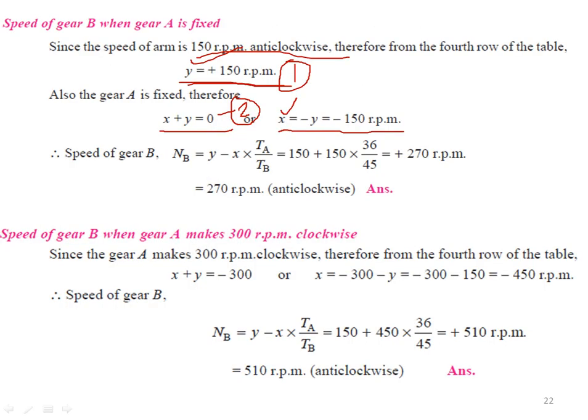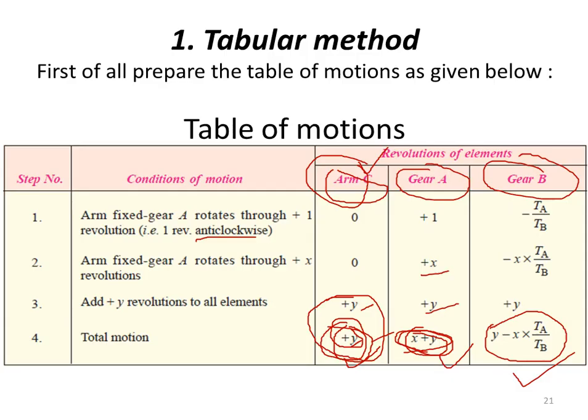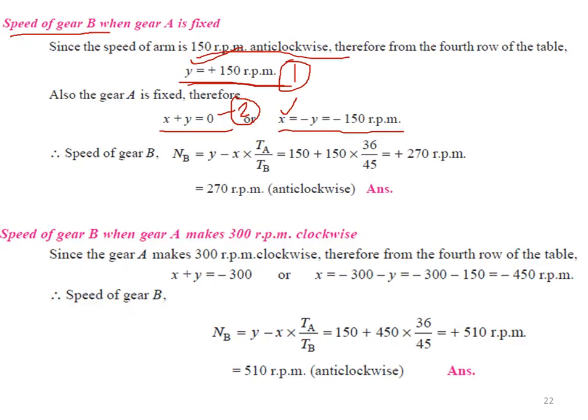Now what is asked in the question? You have to find out the speed of gear B. Now what is the speed of gear B? If you want to calculate NB, NB is equal to Y minus X into TA by TB. This is the equation for gear B. You can substitute the values of Y, X, TA and TB, already given in the question.